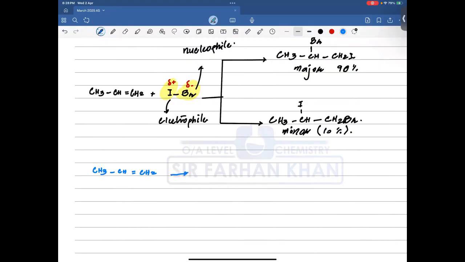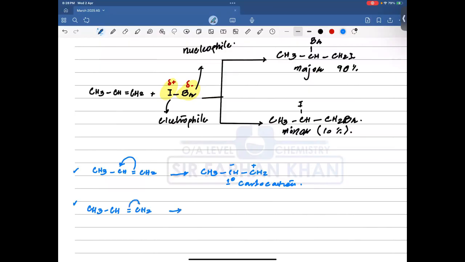Now let me shift this pi bond onto this carbon atom. As a result of shifting of the pi bond onto the carbon atom, it becomes electron rich, so carries negative charge. The CH2 carbon becomes electron deficient, so it carries positive charge. And obviously, whenever a carbon has positive charge with two hydrogen atoms, it is going to be a primary carbocation. All right. Another possibility of shifting the pi bond could be like this.